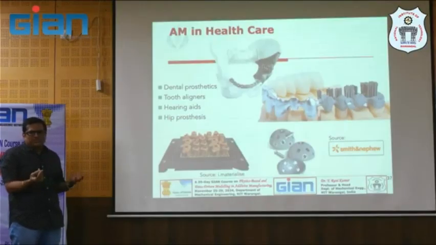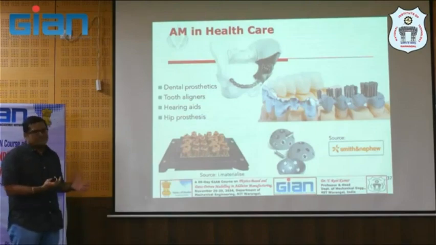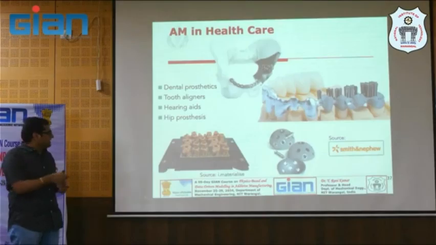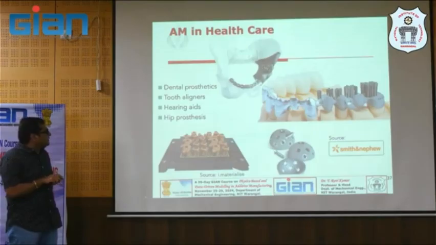In India, I can say millions of people require this kind of solution. Teeth aligners are another area, which my next slide will talk about. So you can do dental prosthesis, tooth aligners, hearing aids or hip prosthesis.